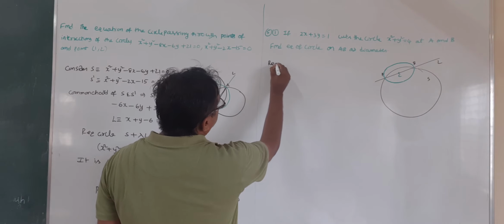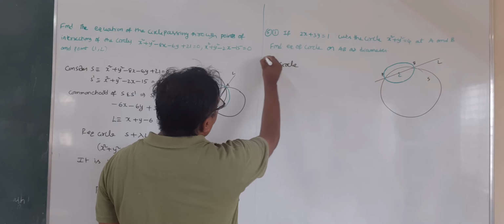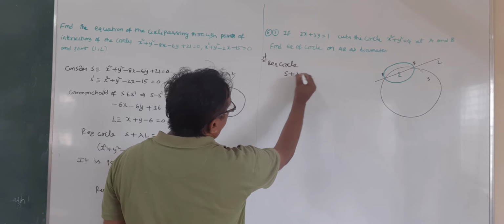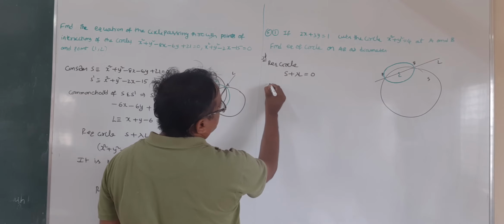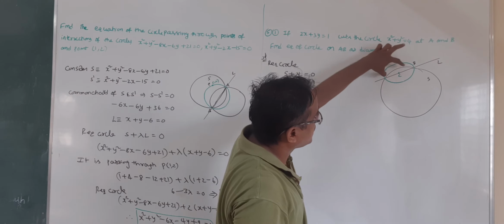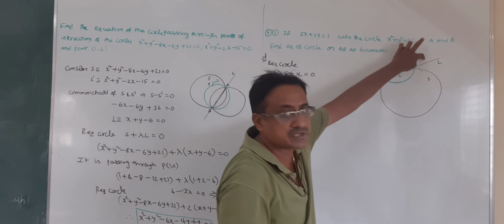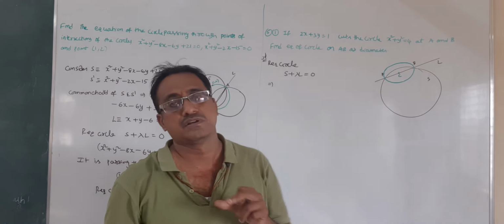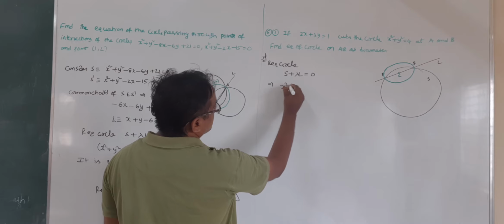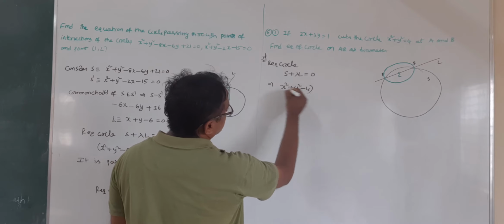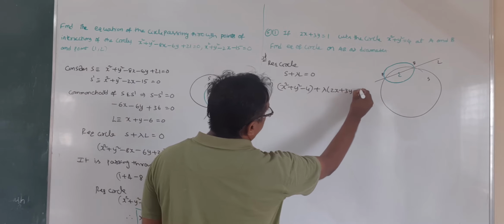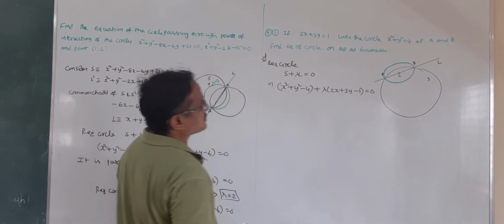Now the required circle can be written as S plus lambda L is equal to 0. There is a circle passing through the intersections of S is equal to 0 and L is equal to 0, so it can be written as S plus lambda L equal to 0. So x square plus y square minus 4 plus lambda into 2x plus 3y minus 1 equal to 0.